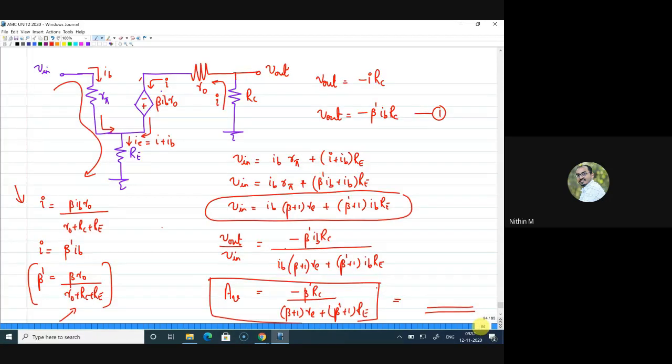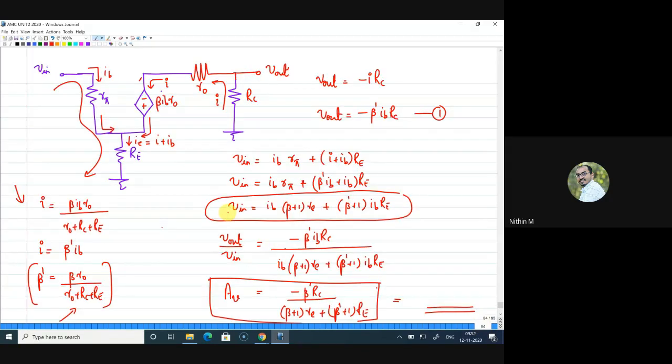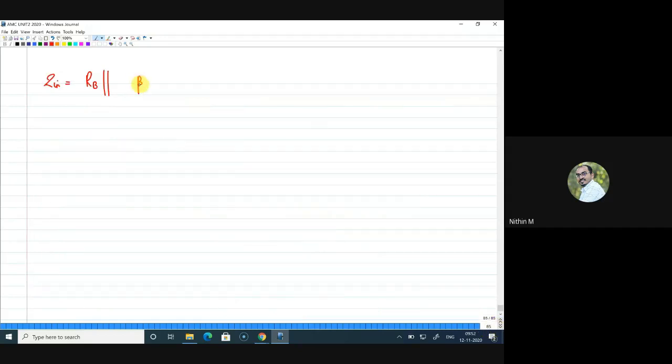We have to take RB into account and then this entire value. So your input impedance is the previously kept RB in parallel to this V in by IB, that is (beta plus 1) into RE plus (beta dash plus 1) into RE. This will be the input impedance formula. You can write that.